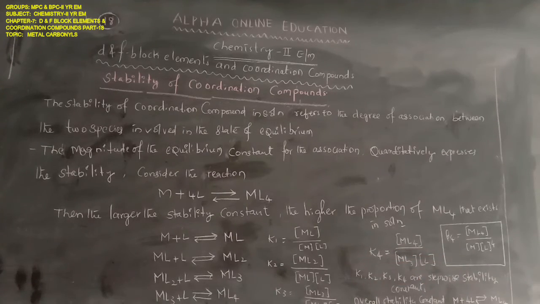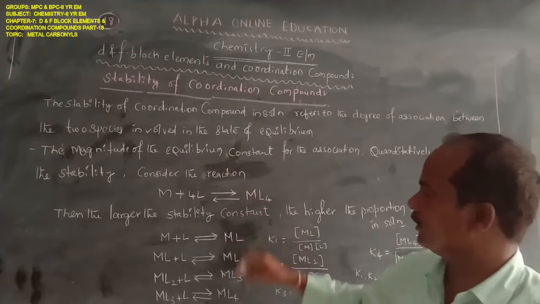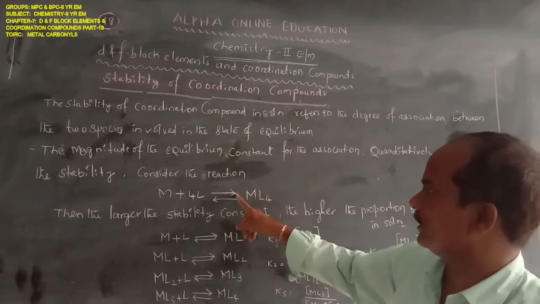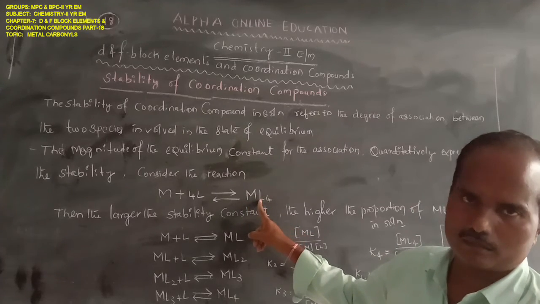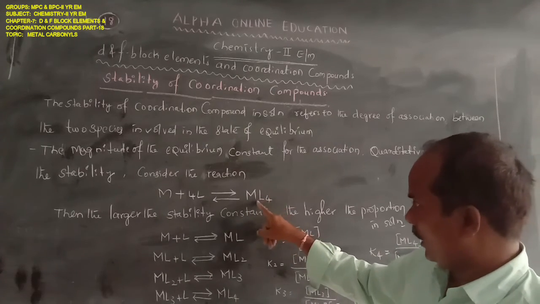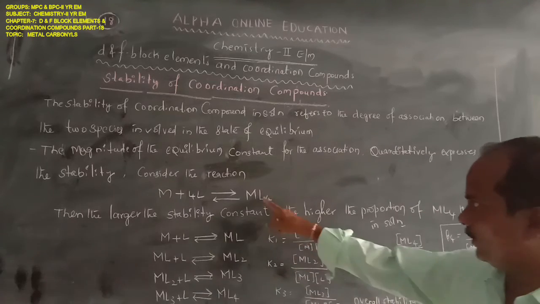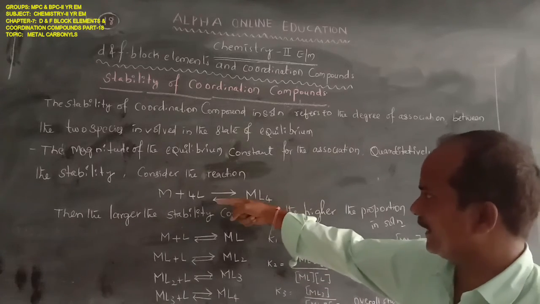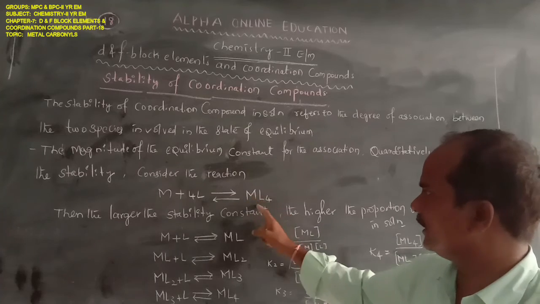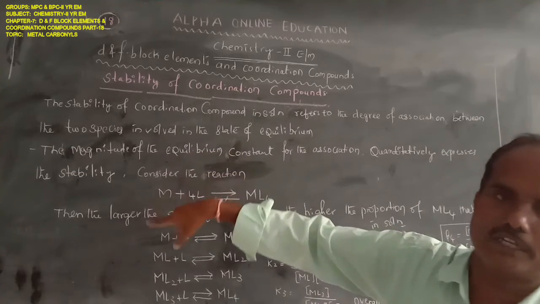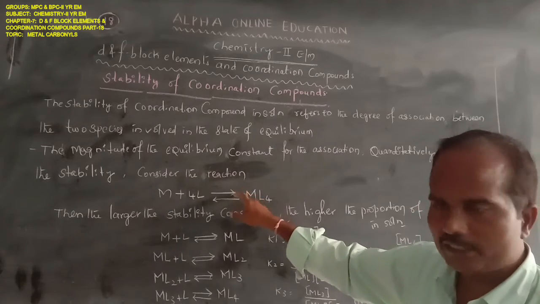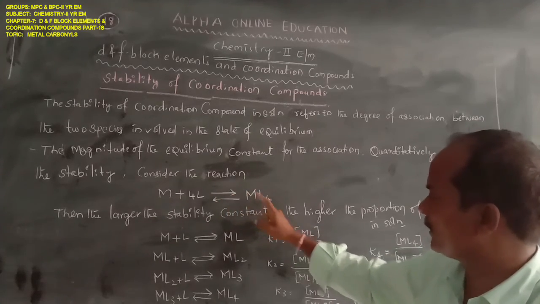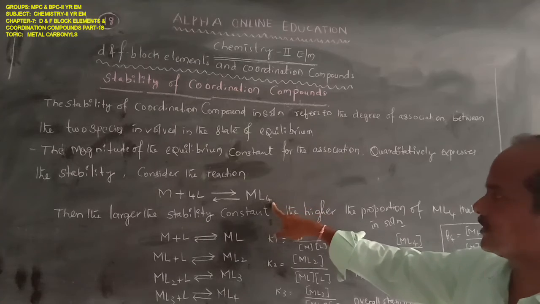When you observe this reaction at equilibrium state, the forward reaction represents the formation of the metal complex or coordination compound. The backward reaction represents the dissociation of the coordination compound. The forward reaction represents the stability constant.